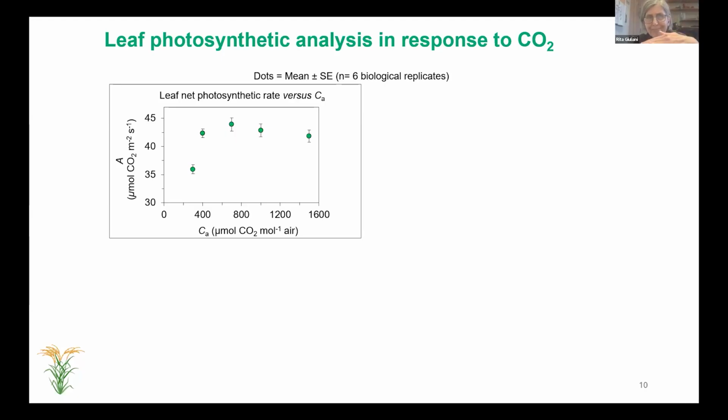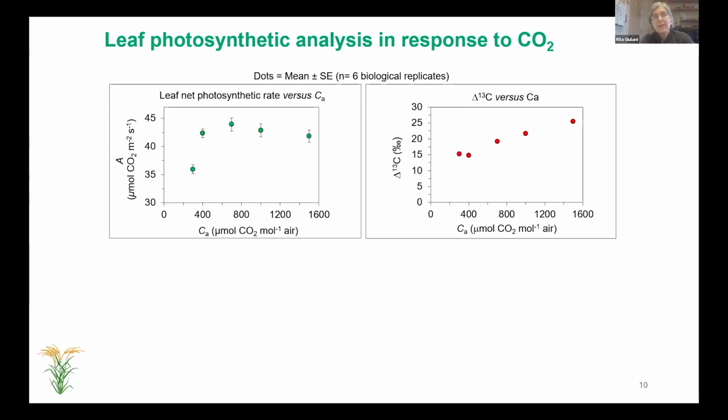The decreasing values you see after 800 Ca are not related to the equipment, it is a biochemical limitation. We see across all the CO2 levels a reasonable variability in the data. The equipment seems to operate correctly.